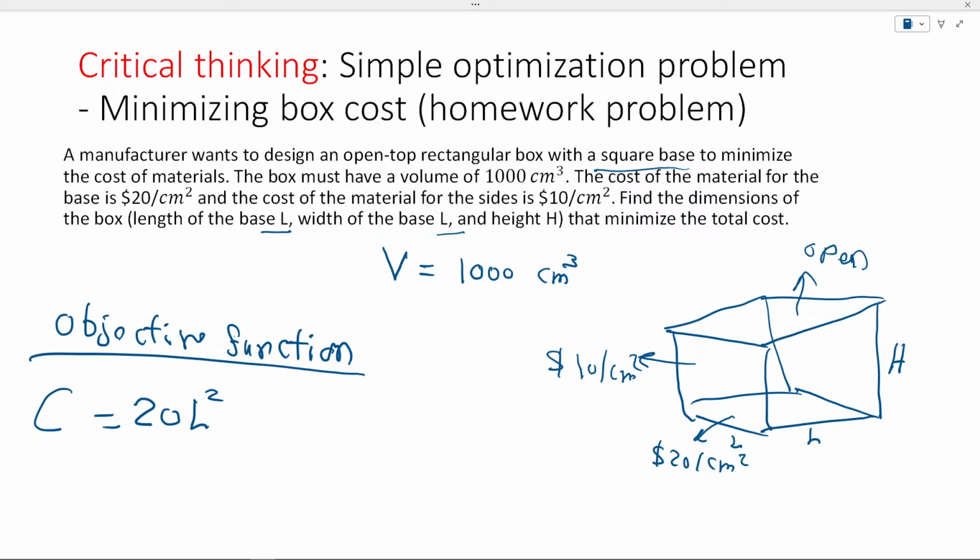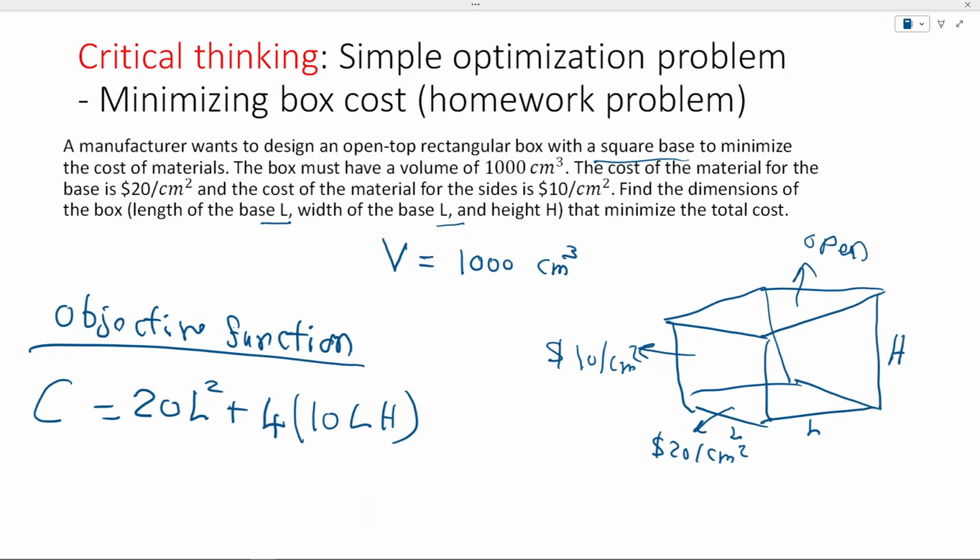And the cost of the four sides: I have four of them, and the cost of each one is 10, and each one of them is L times H. That's the area of each one, L times H.